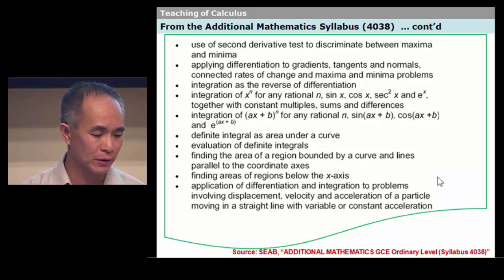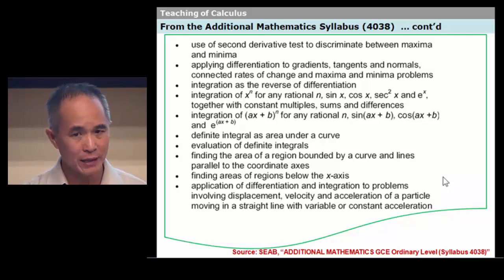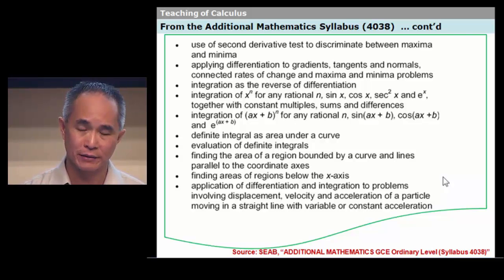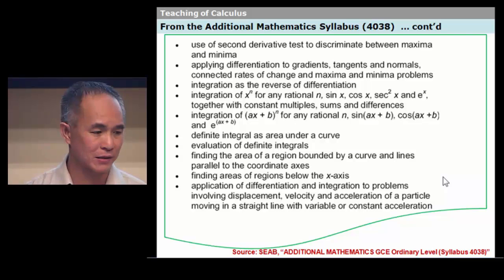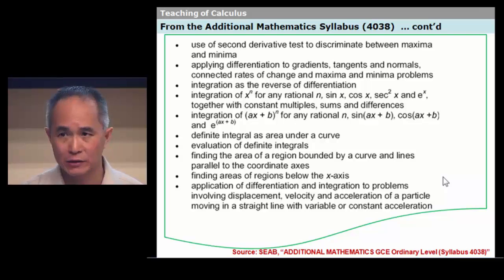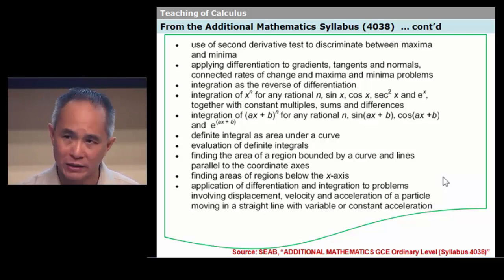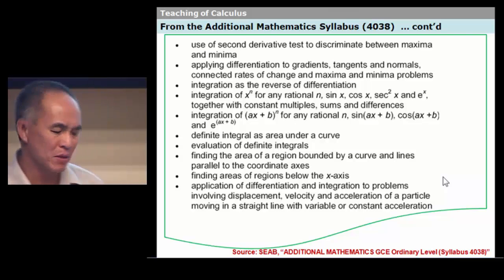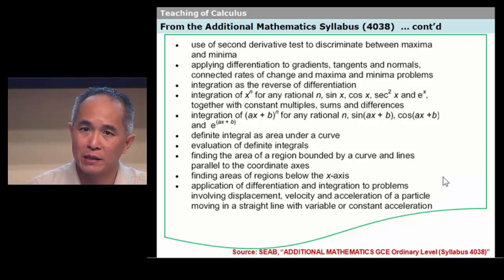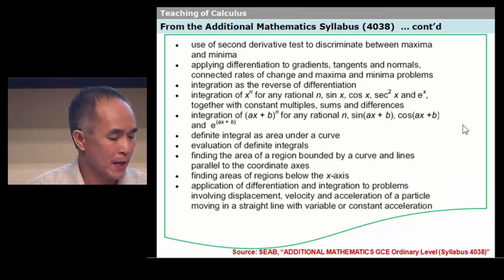So I will suggest that you run through these topics in your own time, pick up an additional maths textbook, and look through it and see whether, in terms of the topic itself, calculus, the textbook has sufficient coverage for these topics. I mean, that's a good exercise for you to familiarize yourself one more time. I know you have done this before, maybe many years ago. Perhaps it's a good idea to refresh and to familiarize yourself with the latest syllabus.